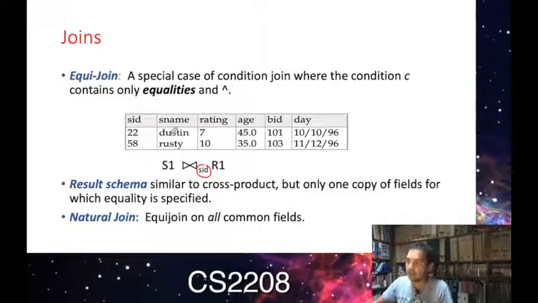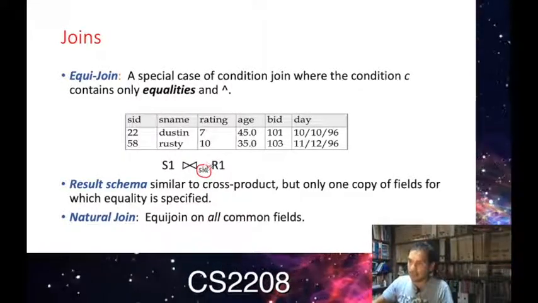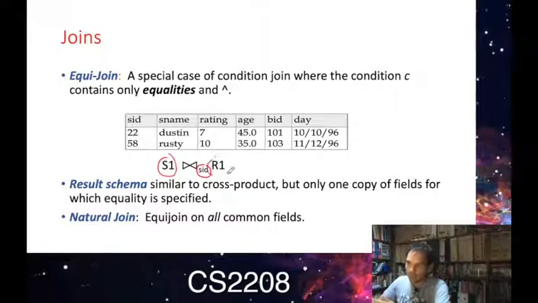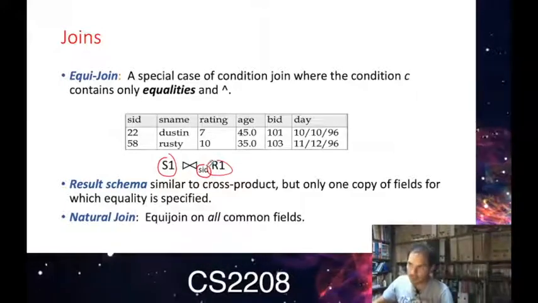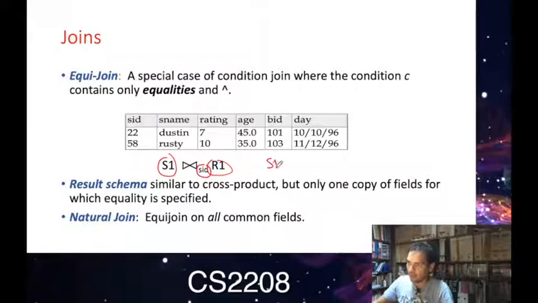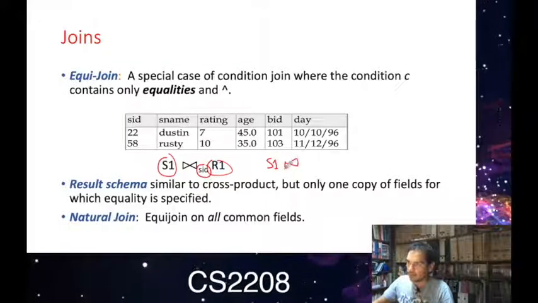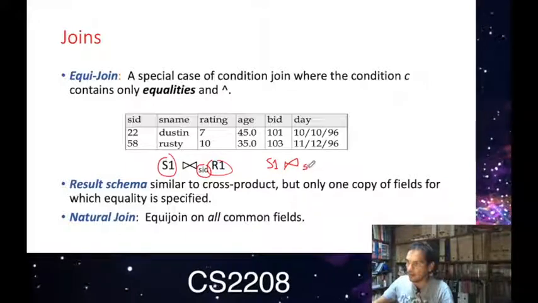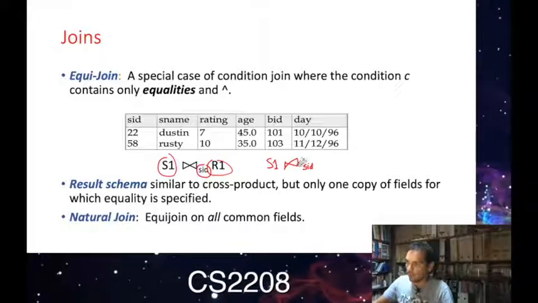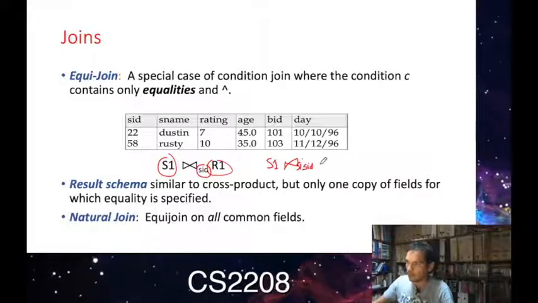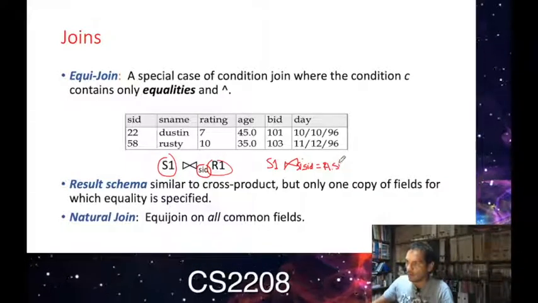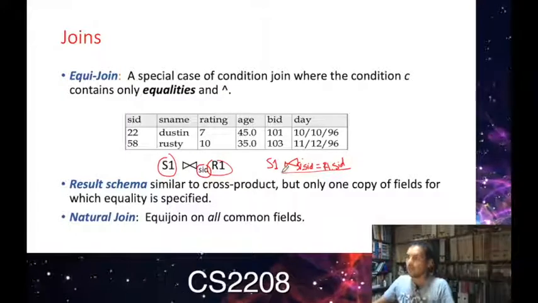In this case we are saying that the SID must be in relation 1 and in this relation, and that they are equal. You can rewrite this as S1.SID equal to S2.SID.